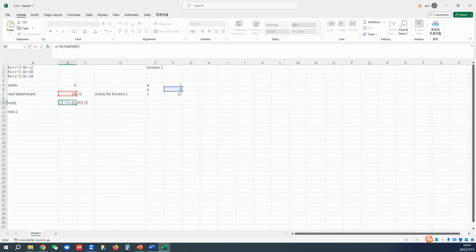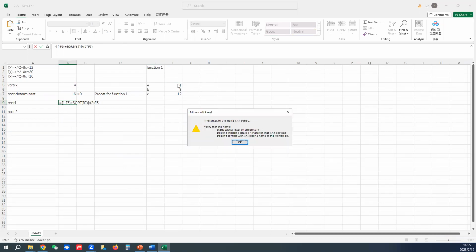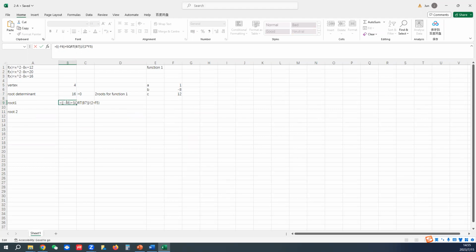This is the numerator, and the denominator is 2 times a. Okay, it doesn't allow me to use square brackets, so we need to change that into the round ones. So that's the first one that we have.